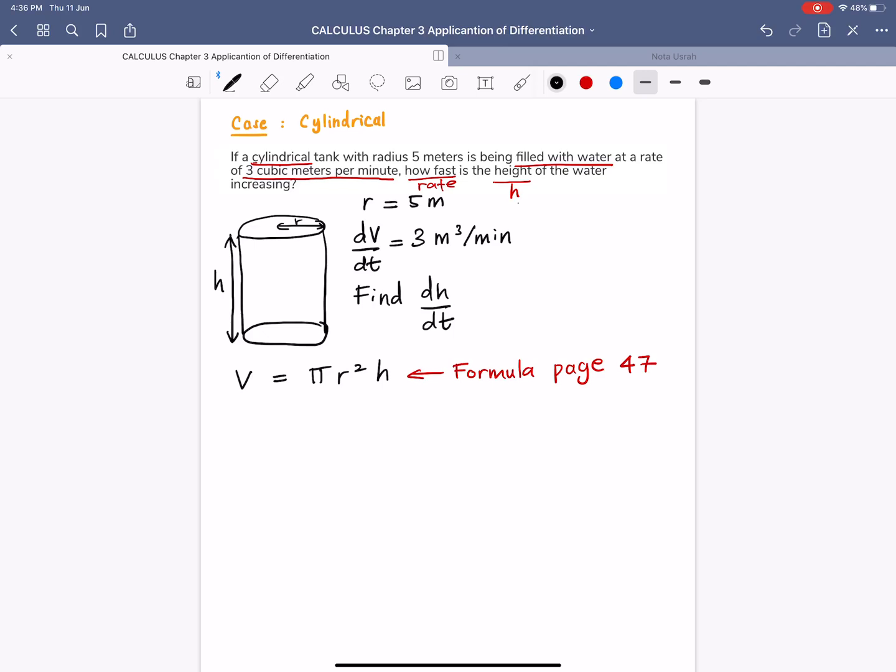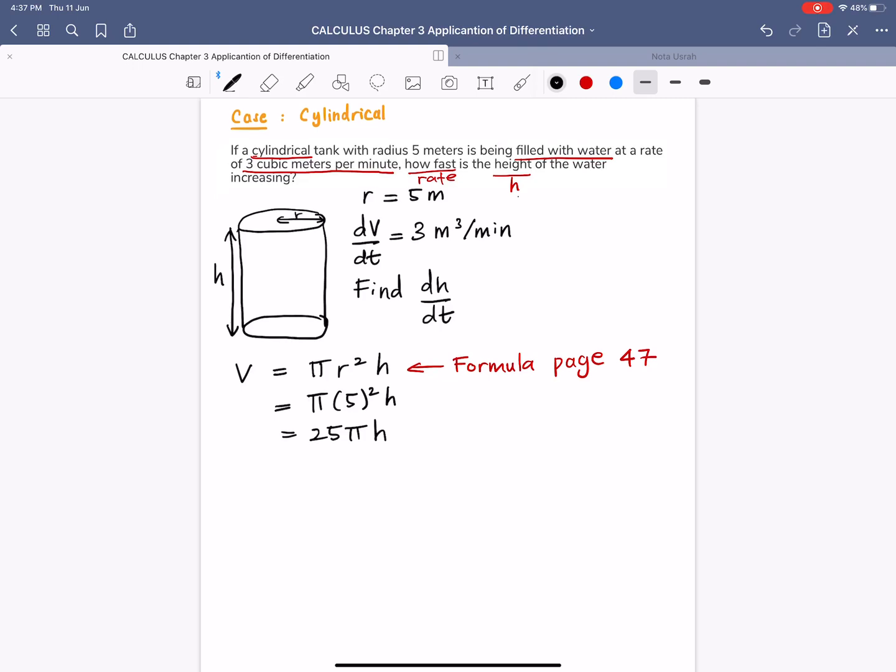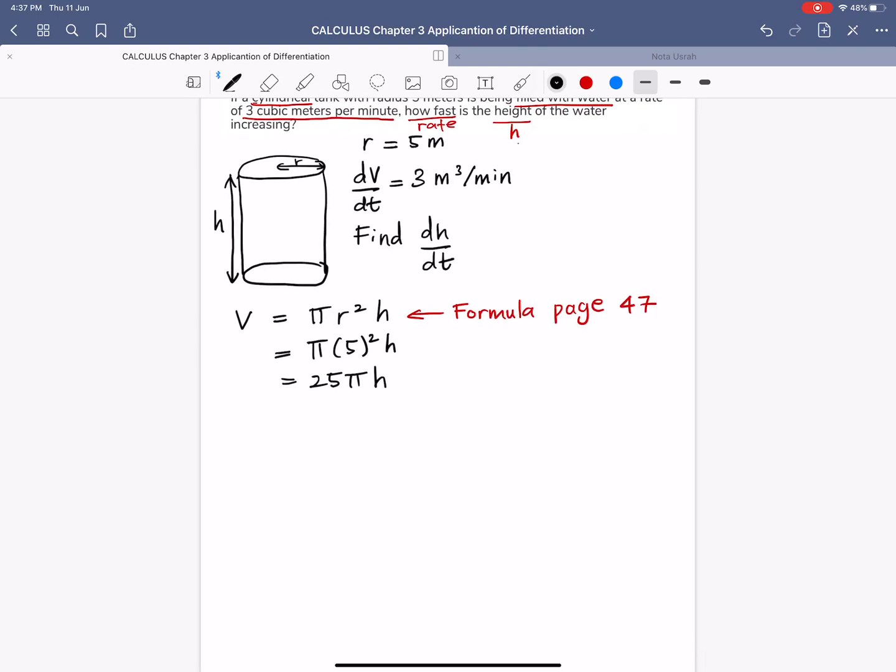So what's next is we will substitute the value r equals 5. So pi 5 square h equals 25 pi h. Now I will show first how we want to solve by using the chain rule.